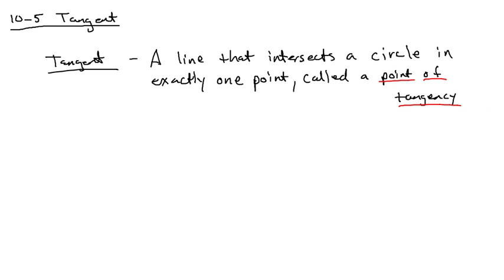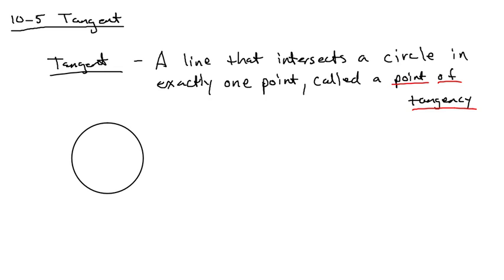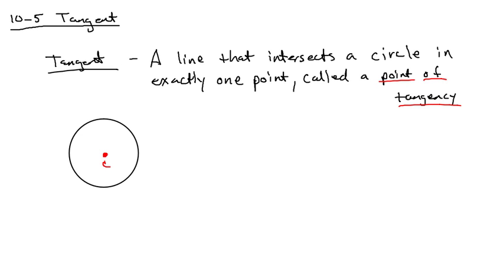We're going to draw a picture. So here's our circle. It's going to have a center, so circle C, and we're going to draw a tangent, which is going to look like this.